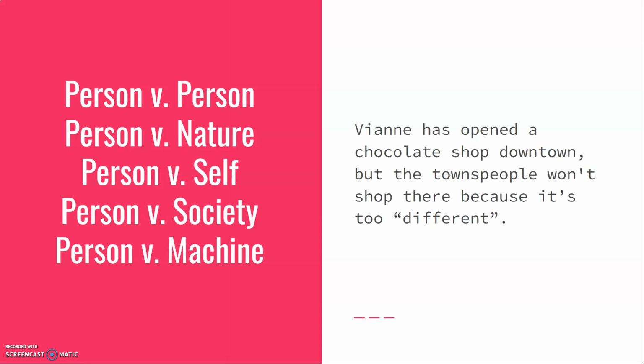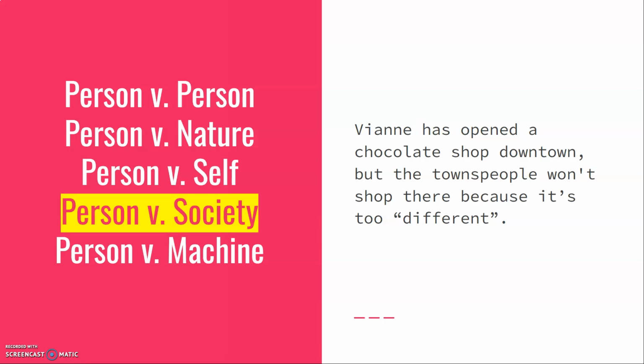So Vienne has opened a chocolate shop downtown, but the townspeople won't shop there because it's too different. Is that person versus person, person versus nature, person versus self, person versus society, or person versus machine? That is person versus society, because Vienne is opening a shop and the townspeople don't want to shop there.